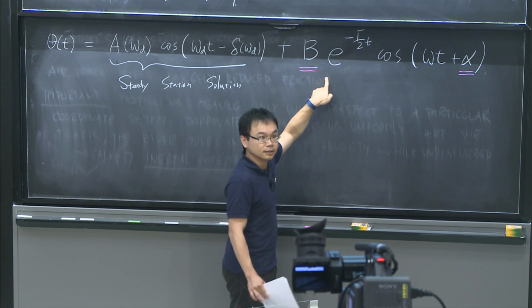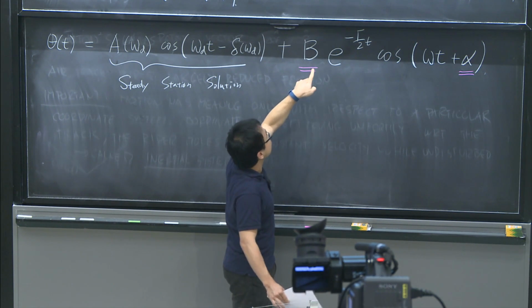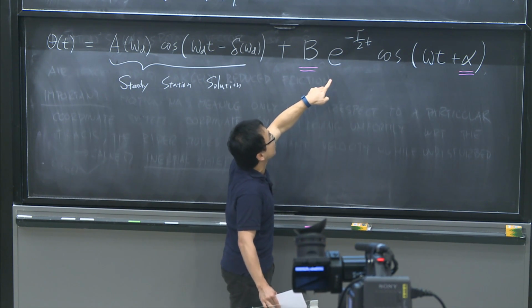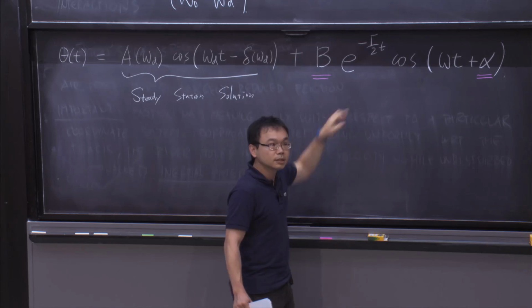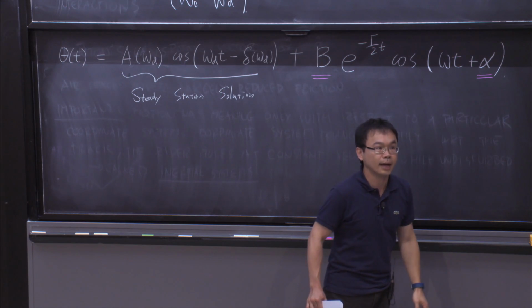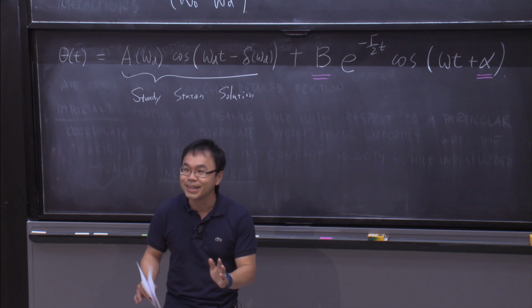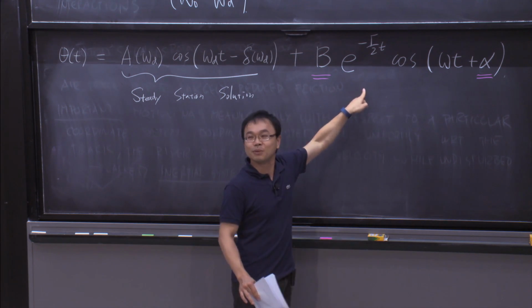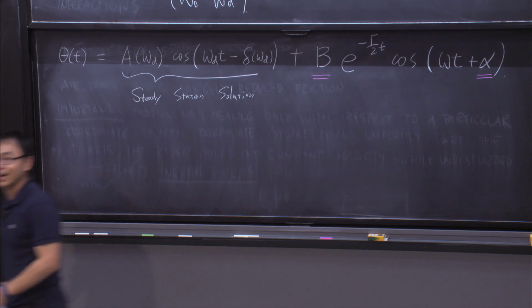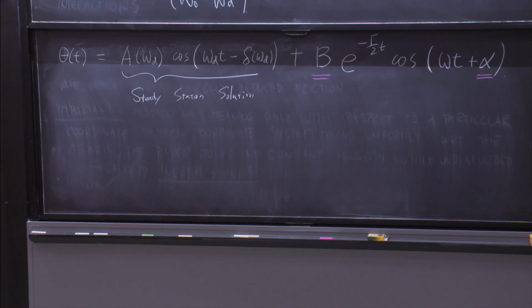And the second term is b exponential minus gamma over 2 t. It's decaying as a function of time. So if you are patient enough, you wait, then this will be gone, right? Okay? So that is how we understand this mathematical result.